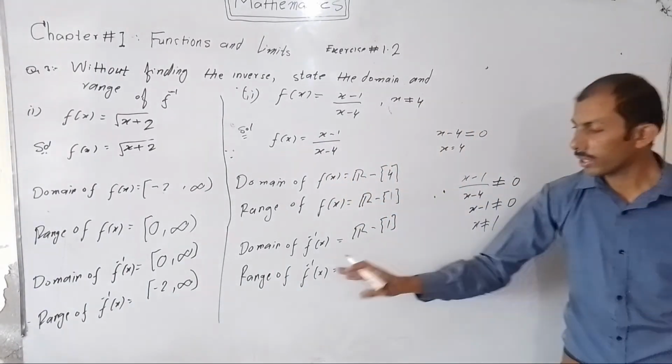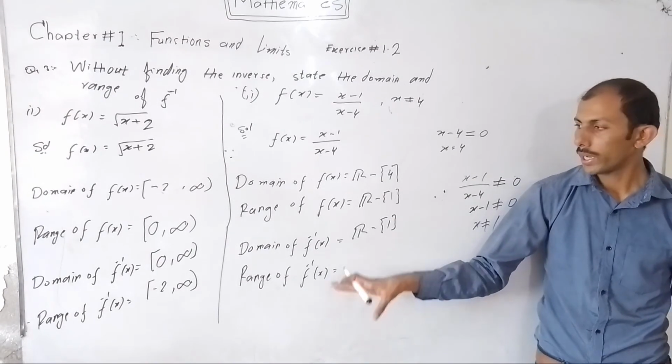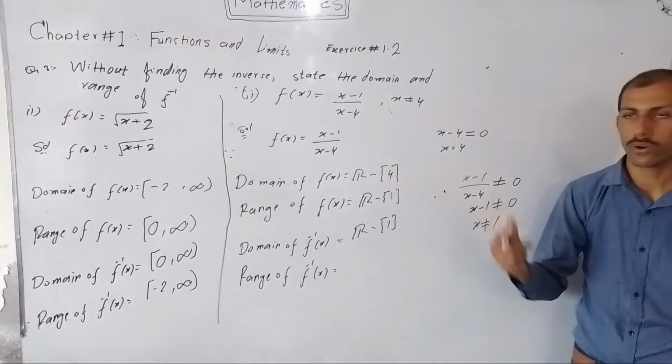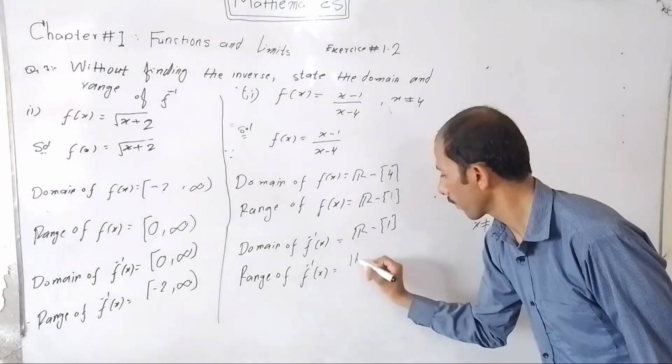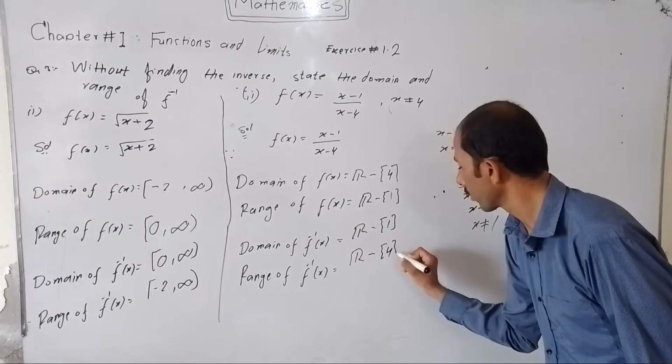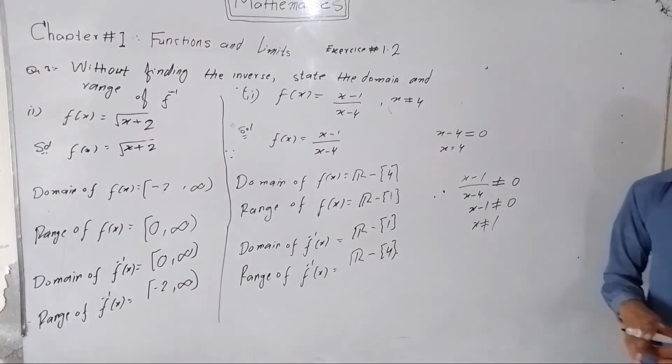Range of f inverse of x is equal to domain of f of x. Value of domain of f of x is equal to all real numbers other than 4, which is the required solution.